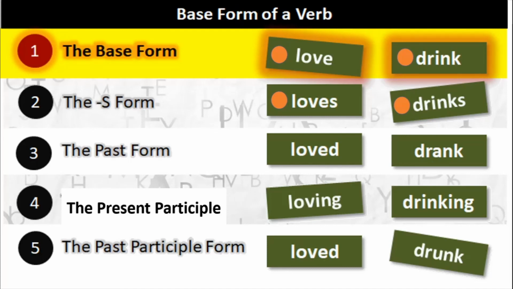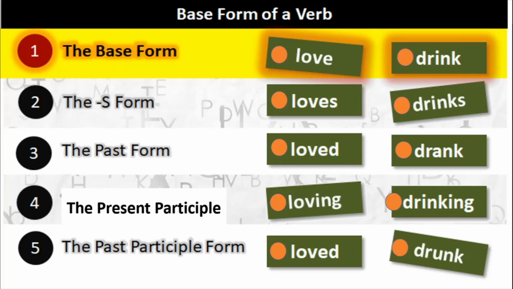In the simple past, love becomes loved and drink becomes drank. It doesn't become drinked. It is a little irregular here. The present participle, love becomes loving, drink becomes drinking, and the past participle, love becomes loved and drink becomes drunk.